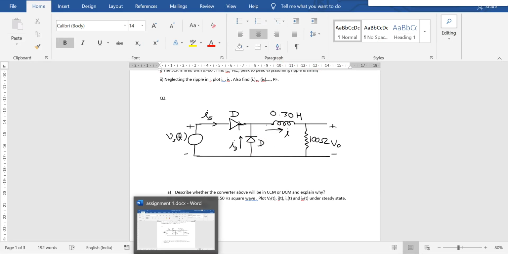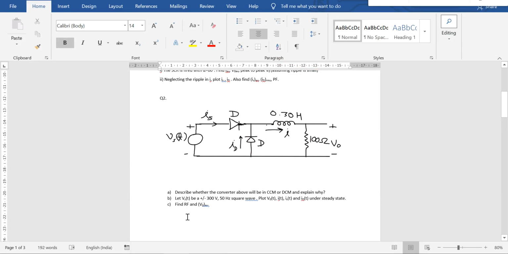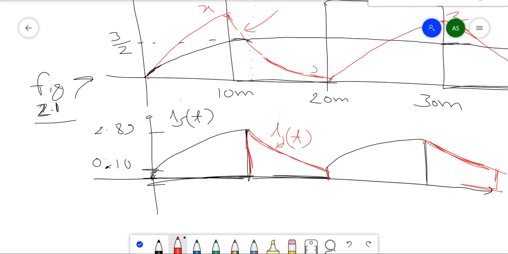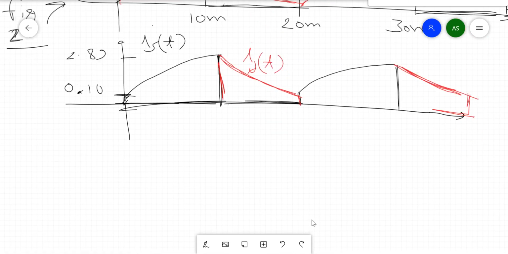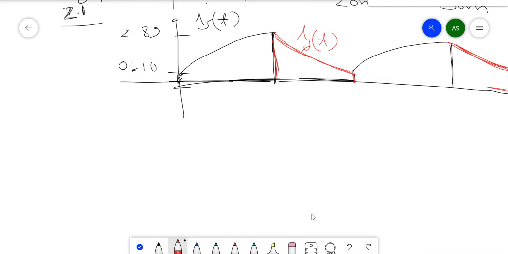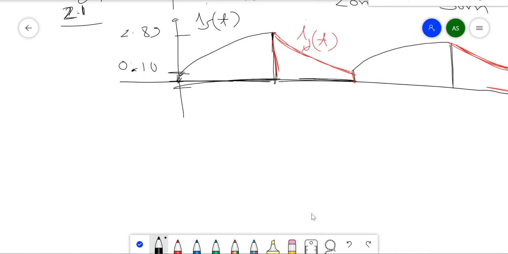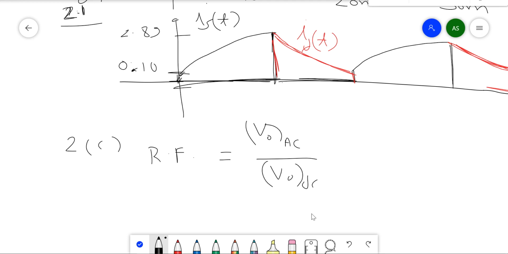Now part C, find the ripple factor and V0 average. So the part C of question number 2, ripple factor. Ripple factor is basically the RMS of the AC component only divided by the DC value.